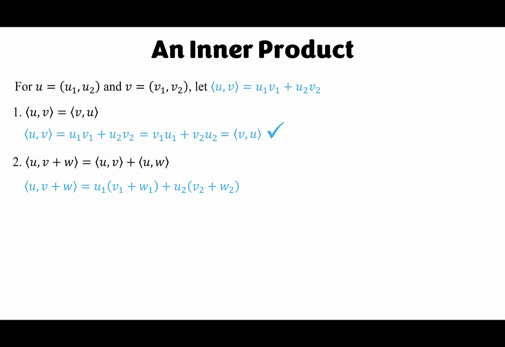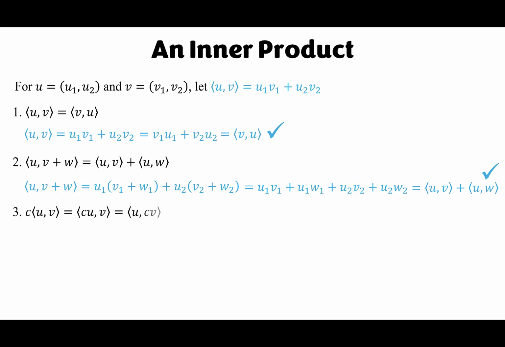And we can distribute the u1 through and the u2 through into the sum to get that result. And notice that is 2 inner products: the inner product of u with v added to the inner product of u with w. So we've satisfied property 2.